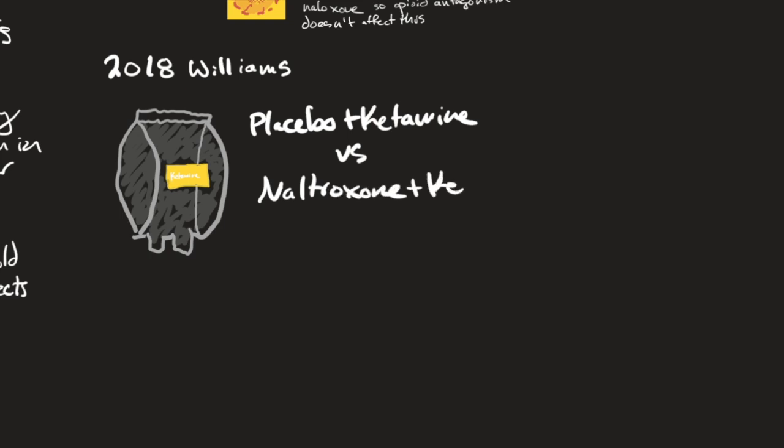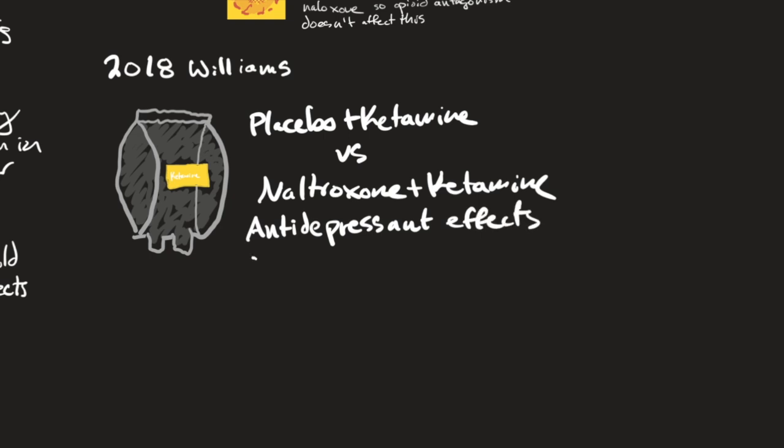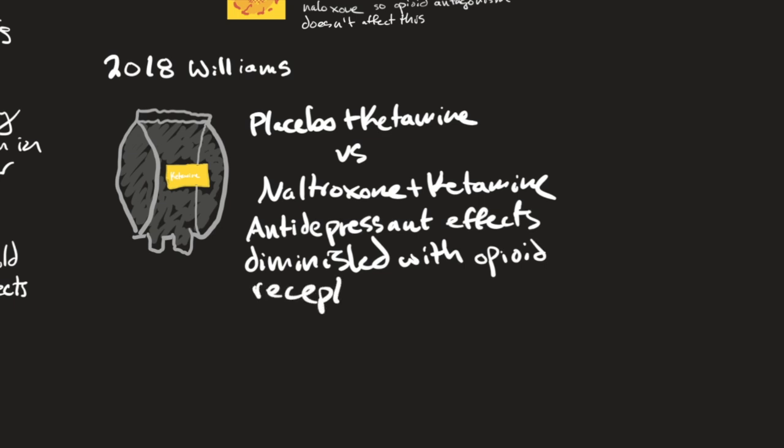They measured improvement on the Hamilton Depression Rating Scale, a tool that scores depressive symptoms like mood and sleep, where a 50% decrease means there was a significant benefit. Seven out of the 12 patients saw a drop in the score with ketamine plus placebo. But with naltrexone, the mood boost, or decrease in depressive symptoms, was smaller.